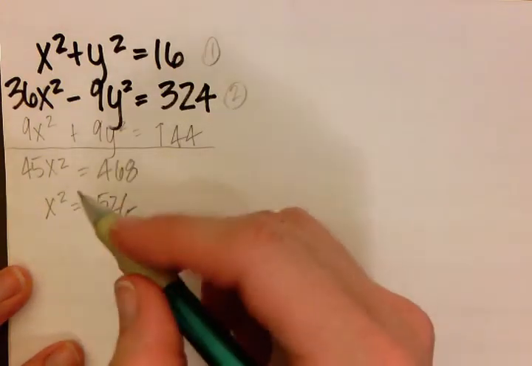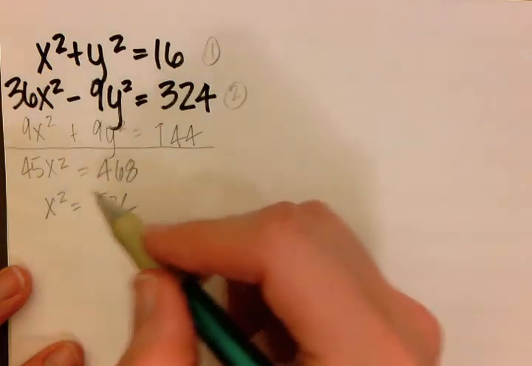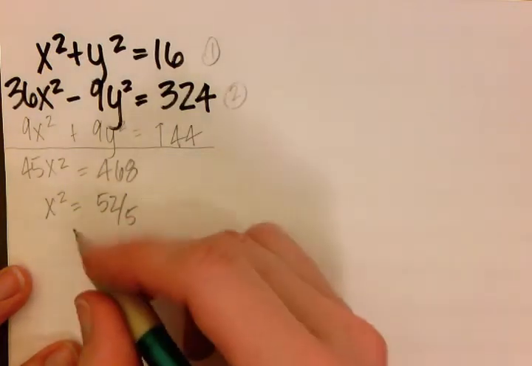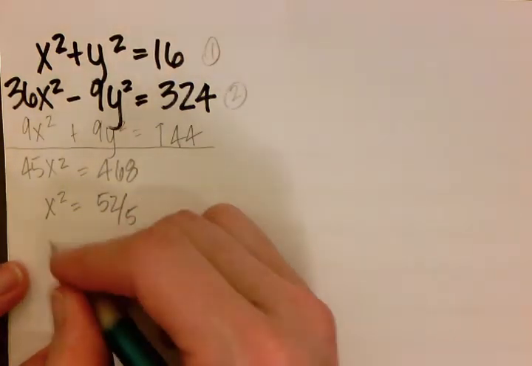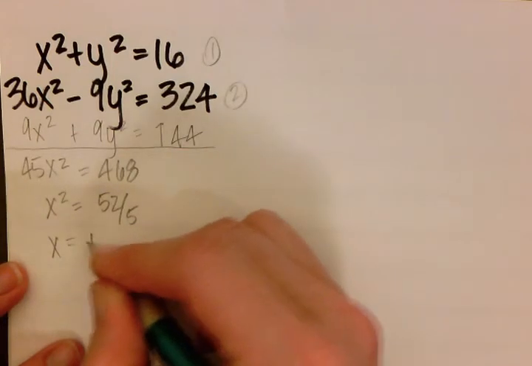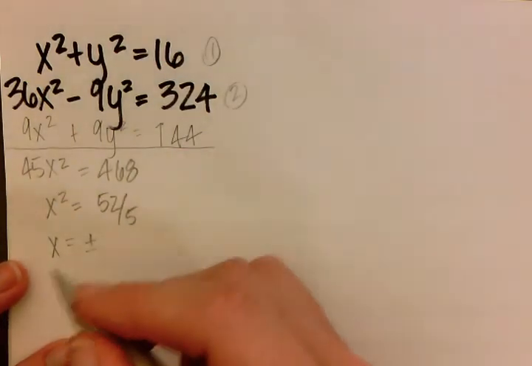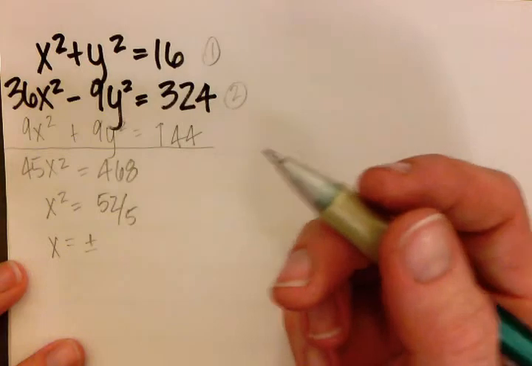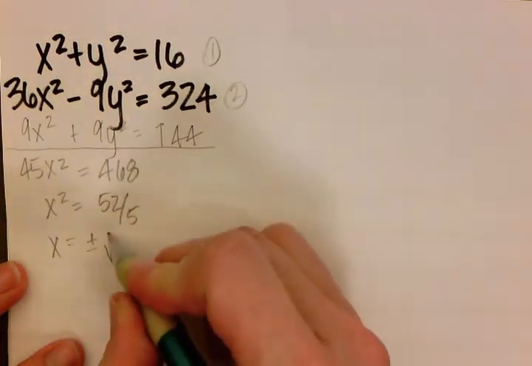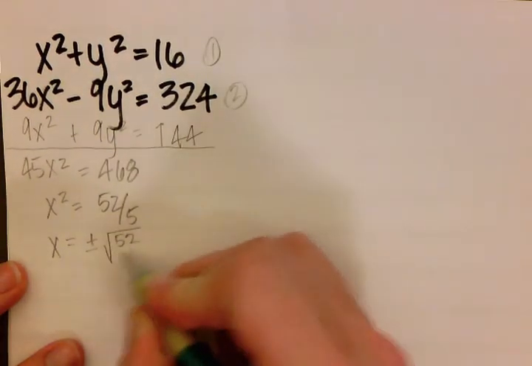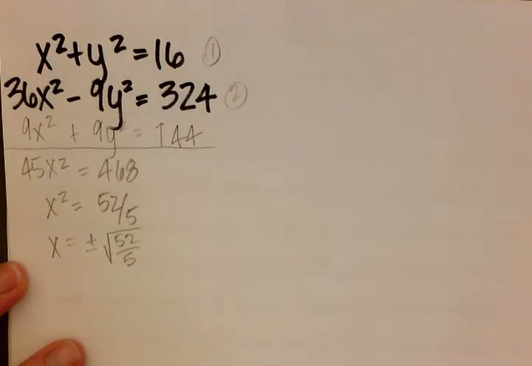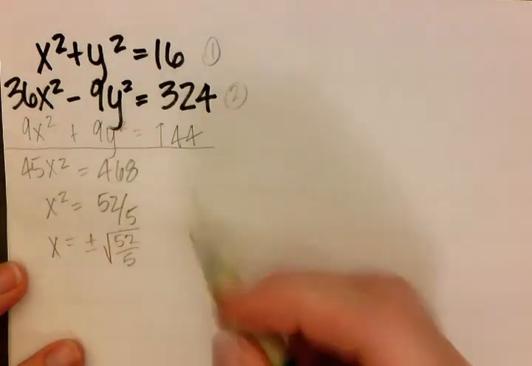So as we remember, we want to take the square root of both sides, and when we do that, we get x equals plus or minus the square root of 52 over 5, right? Because we just did a square root to both sides.